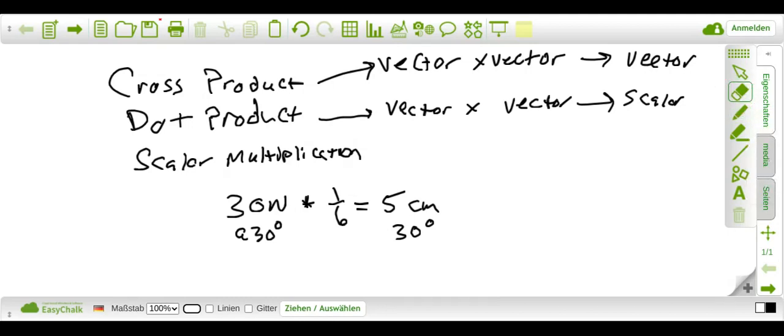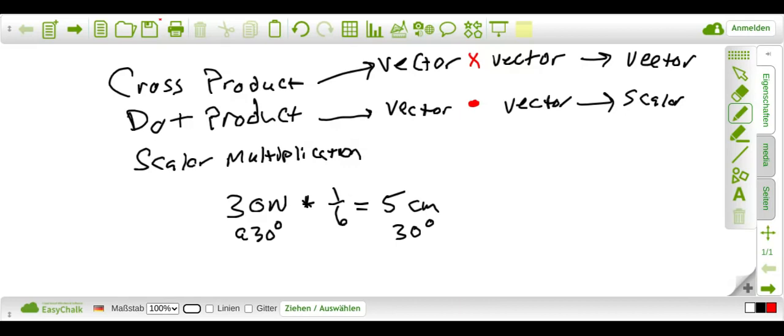What's interesting is with the cross product, we generally use the X symbol to represent that vector multiplication, 30 newtons at 30 degrees times 50 newtons at 50 degrees, and we put the X in the middle, and that's why we call it the cross product. And for the dot product, we put the little dot. So we call them by what sign goes between them. But we should recognize that the cross product is a vector times a vector, giving us a vector, and the dot product is a vector times a vector, giving us a scalar.